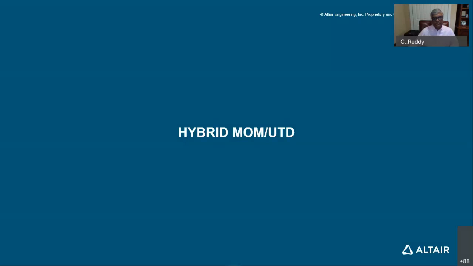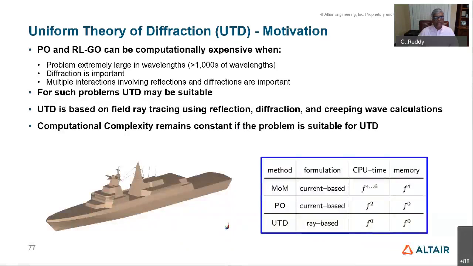The last high frequency asymptotic technique we have is the uniform theory of diffraction. This actually does not work with discretization. You approximate your object with flat plates, and then use the uniform theory of diffraction, where reflections, diffractions, corner reflections, corner diffractions, and so on can happen.